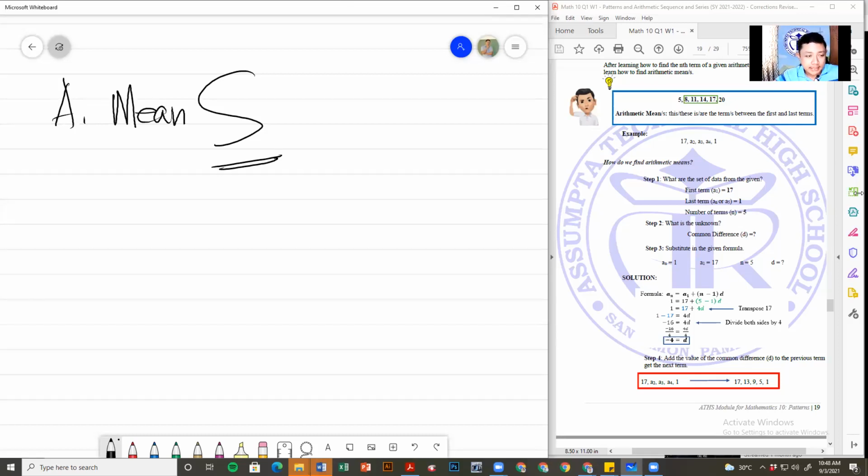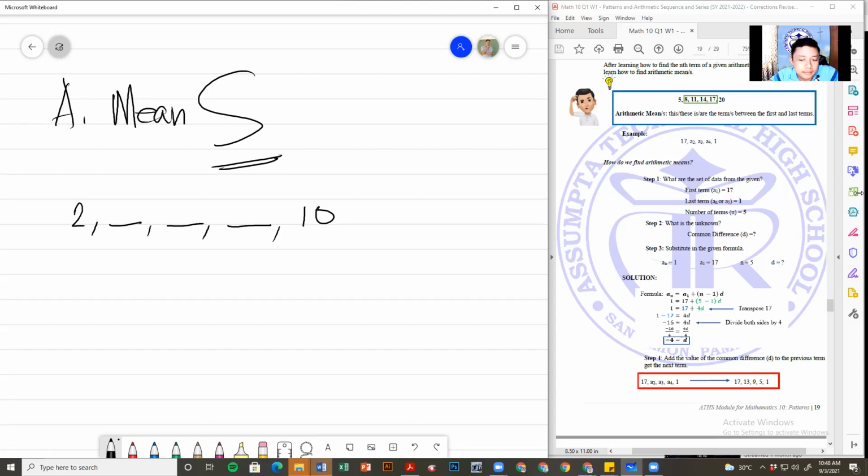For example, this is very basic, 2 and 10. Although it's very basic, can you identify 3 arithmetic means between 2 and 10?